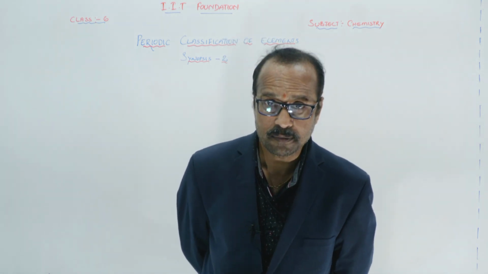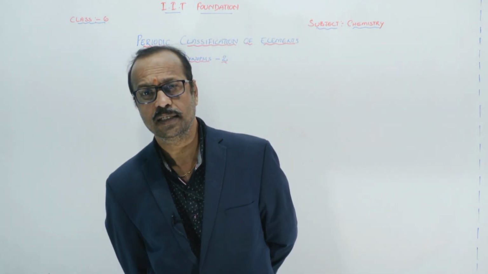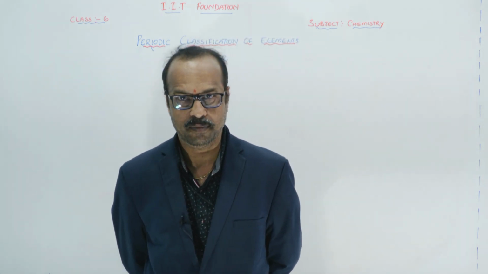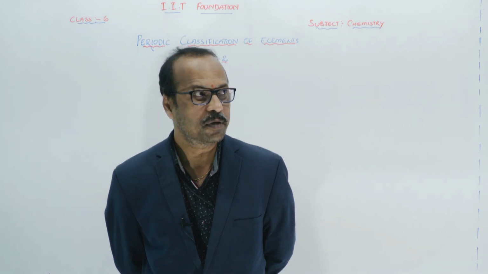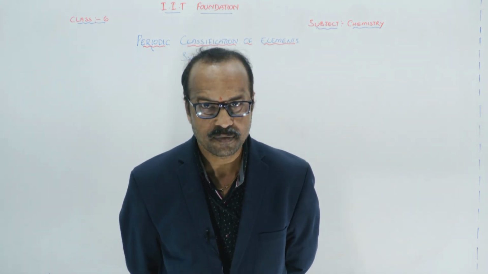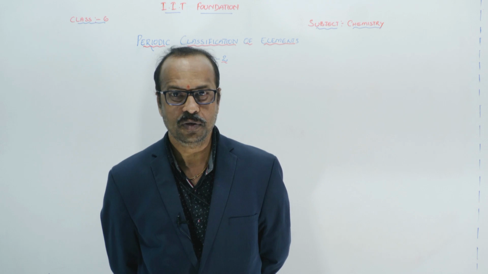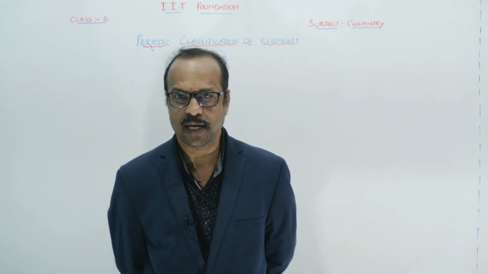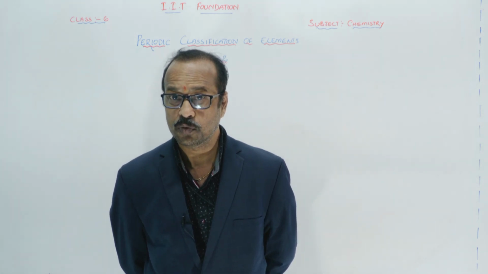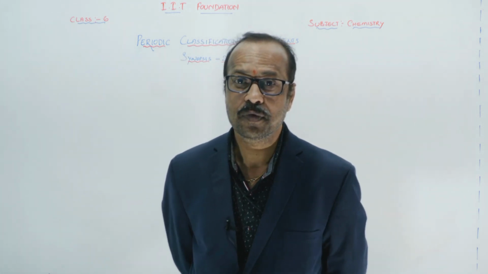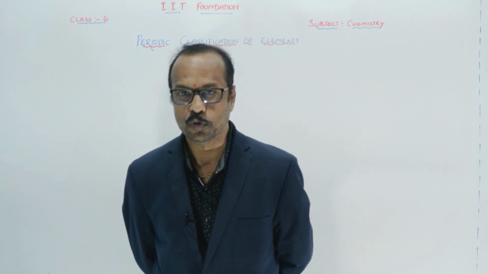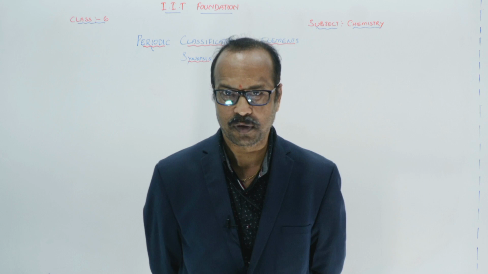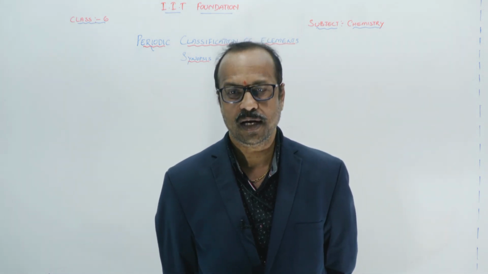Dobereiner classified the elements in the year 1817, almost 200 years back from now. At that time, the number of known elements was very small. He classified the elements into triads. In every group, he arranged three elements having similar properties, and these are called triads.